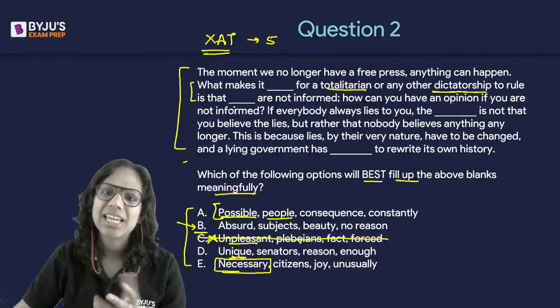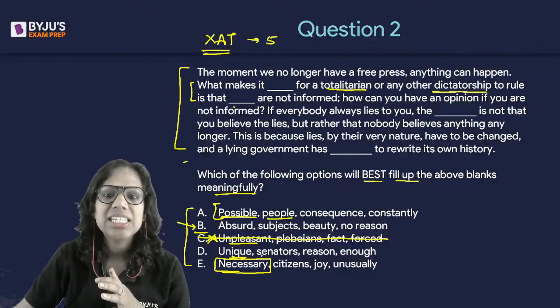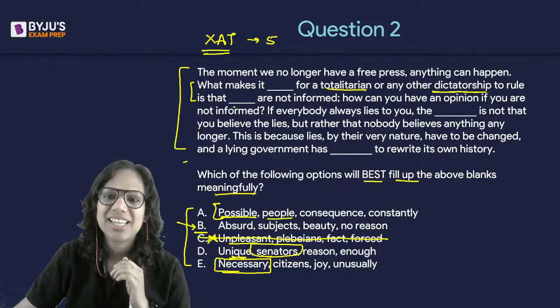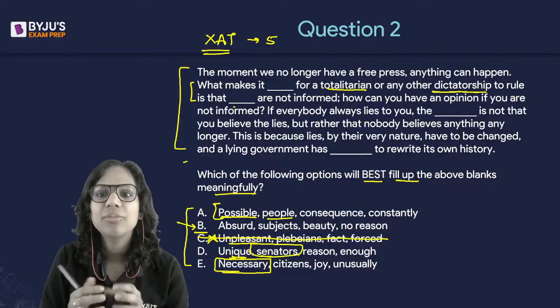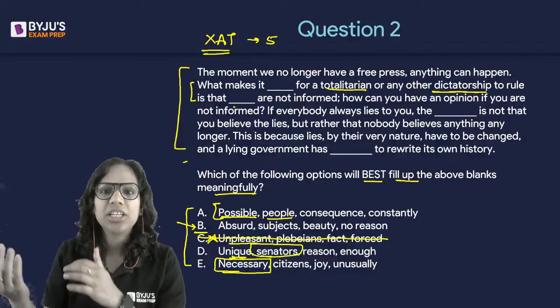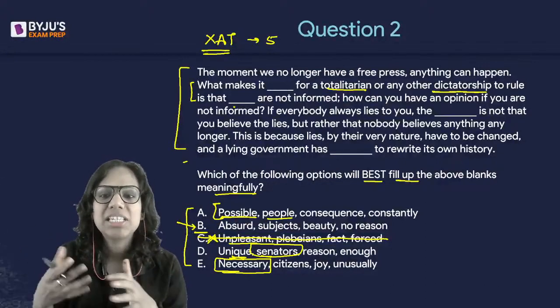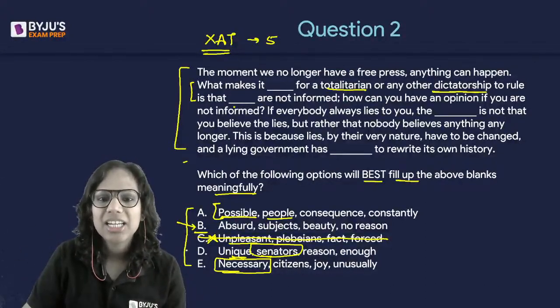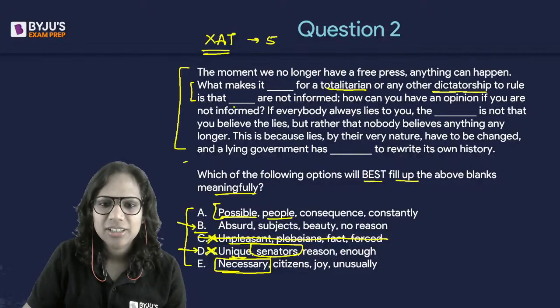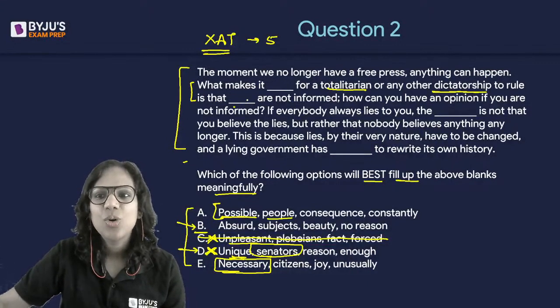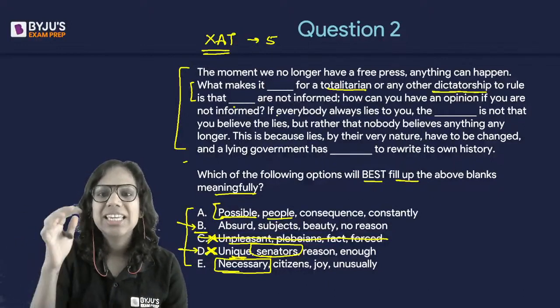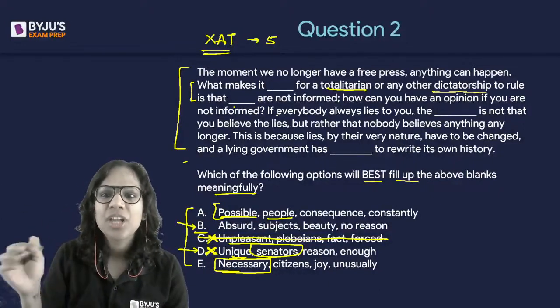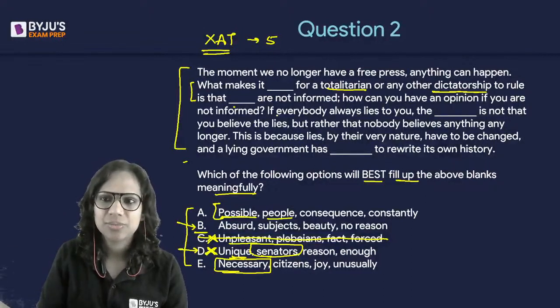So even this second blank here makes sense. Senators, however, does not make sense, right? Because we are talking about the masses here, we are not talking about the senators, in our Indian language, the MPs and MLAs. I'm not talking about them, right? So even this is eliminated. So in the second go, I have eliminated D. So when you go through the options, keep eliminating them, okay? And you will land at the correct answer.